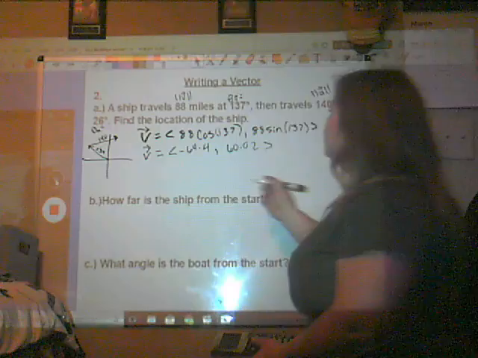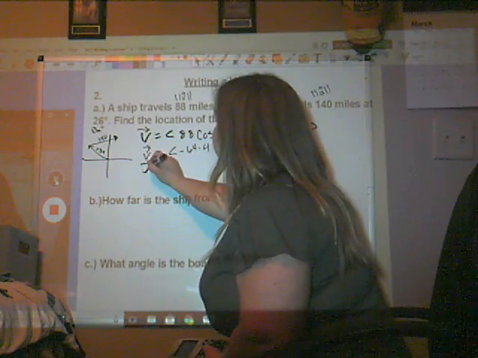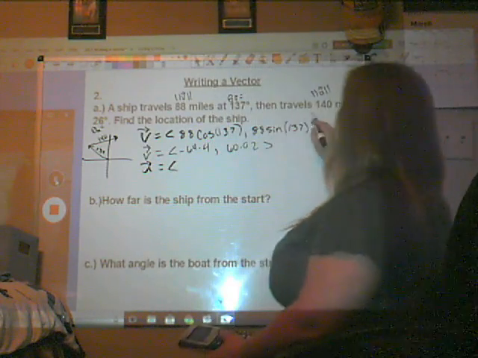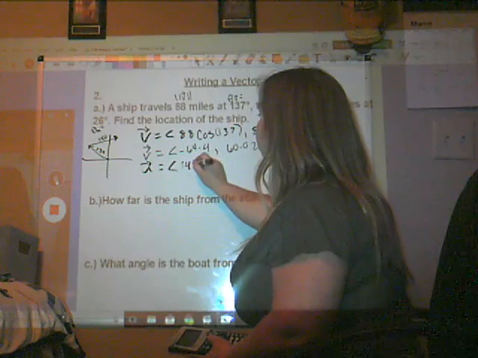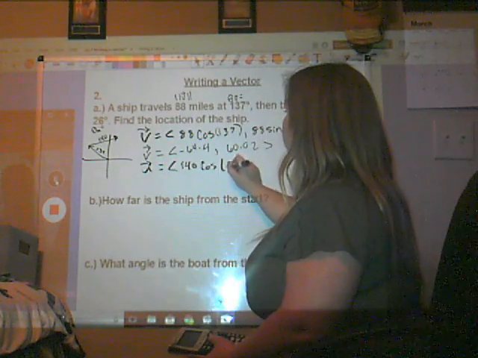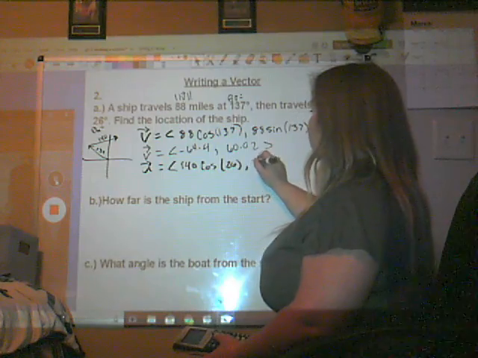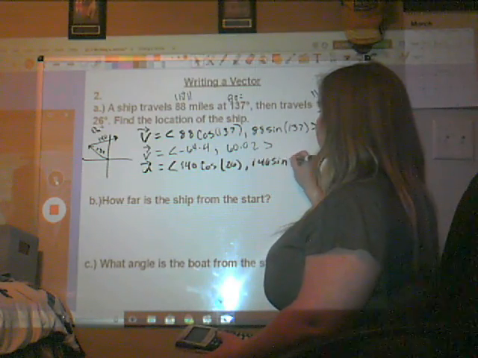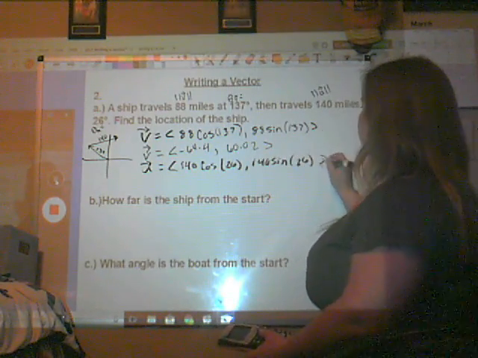So now for vector u, we're going to do 140 times the cosine of 26, because that's our vector u, and 140 times the sine of 26.